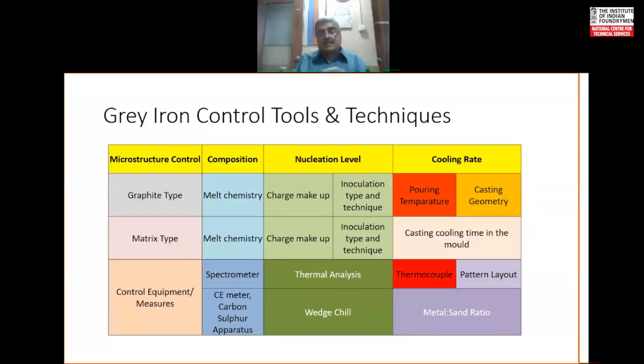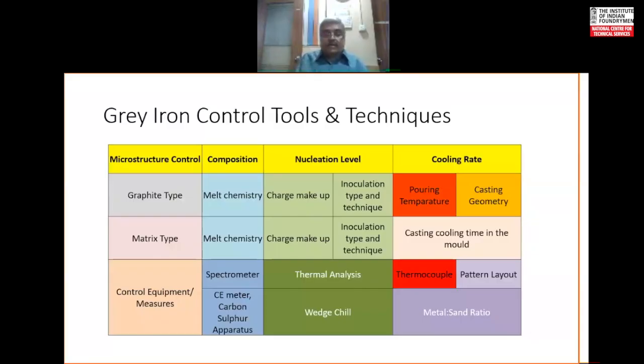Then thermal analysis is another tool which is used to judge the nucleation levels, or even to judge different types of inoculants. If you want to explore which inoculation type and technique is best for producing a given casting, then thermal analysis is a good tool.